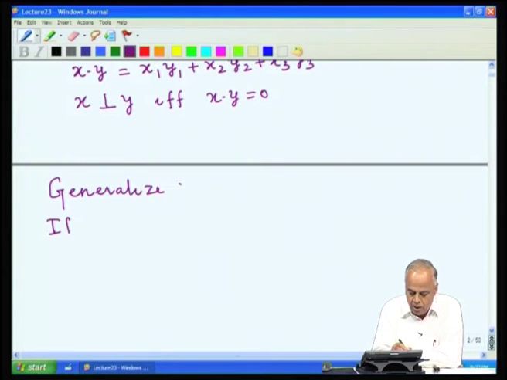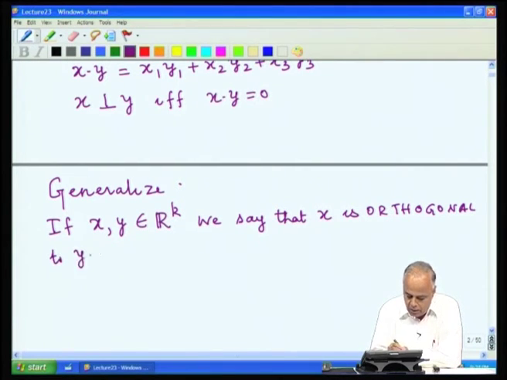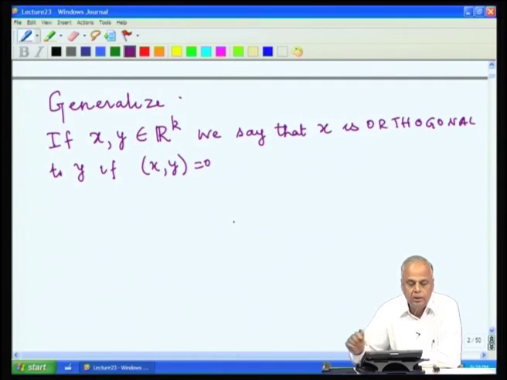If x and y belong to R k, we say that x is orthogonal or perpendicular to y if x comma y is equal to 0. That is, the inner product is 0. What does that mean?